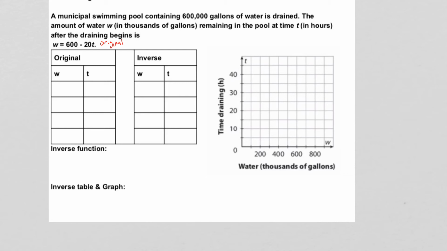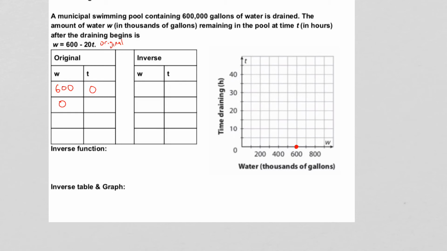So let's see. How many gallons of water are there at t equals 0, after no time? That'd be 600 minus 20 times 0, so that'd be 600. And what would I need to get to 0 water?